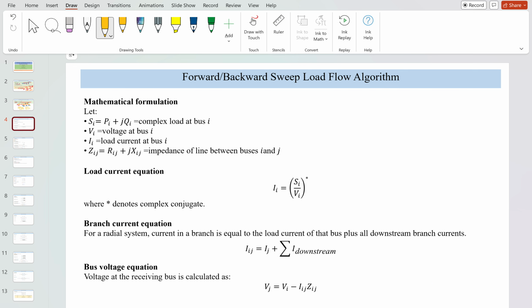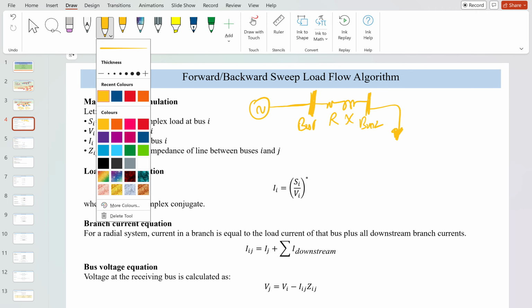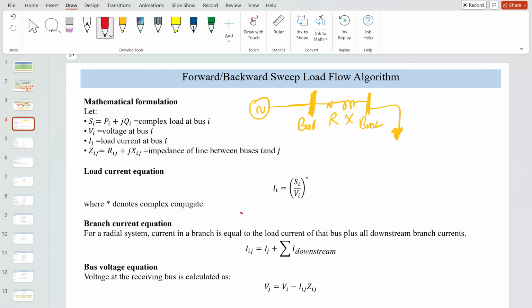Let's see further what the algorithm is. Suppose you have a source bus, connected through R and X to bus 1, which is connected to bus 2, and you have a load. The current moves from here to here.